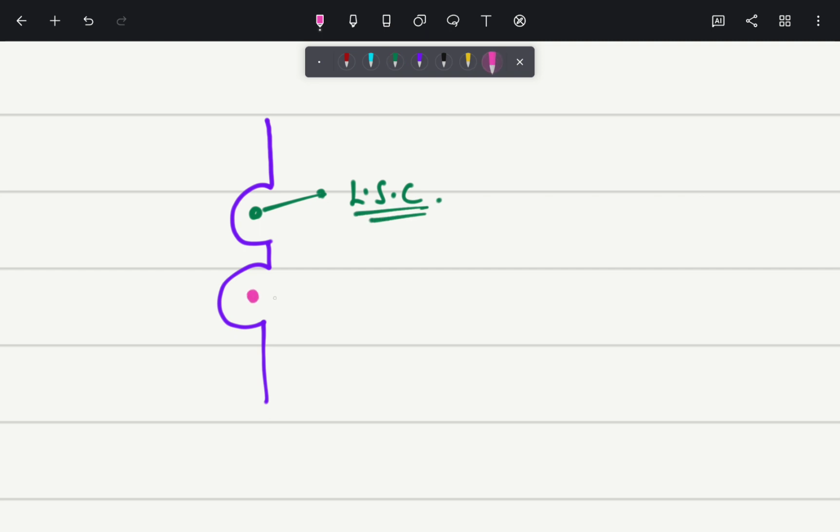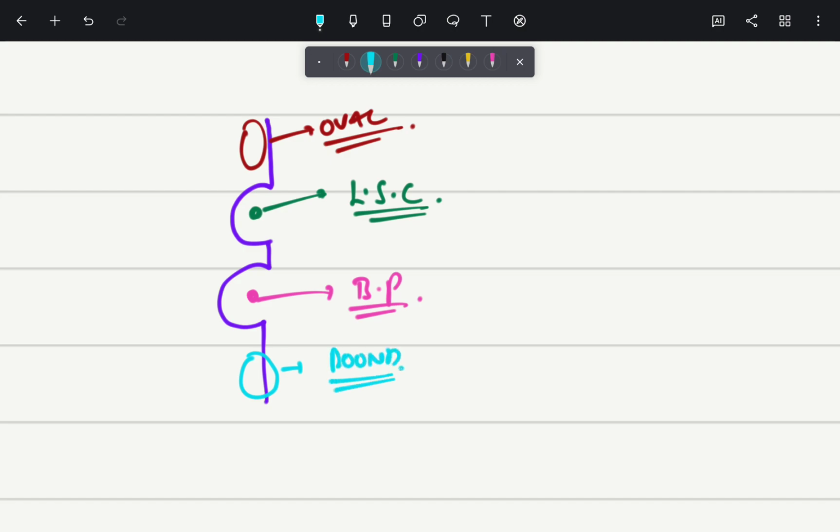The second one was your basal promontory. Not only that, we have our oval window and our round window. So these 4 structures are present at the medial part of the middle ear. I hope you are clear with this.